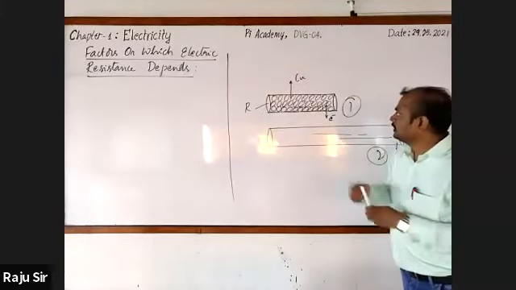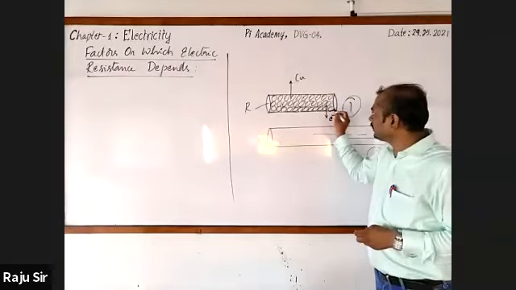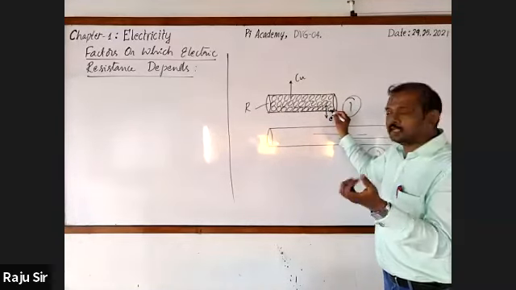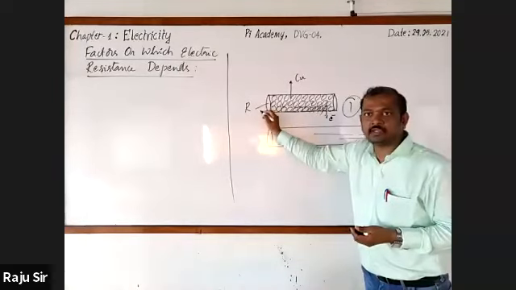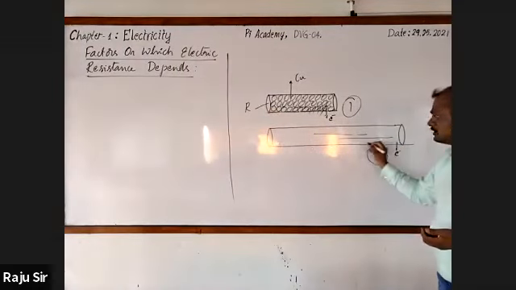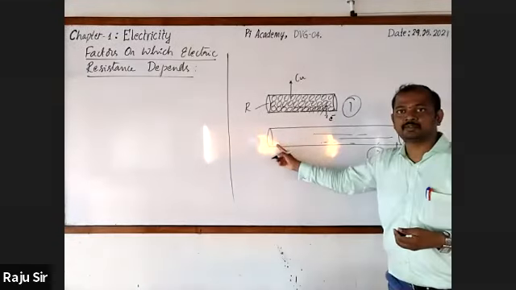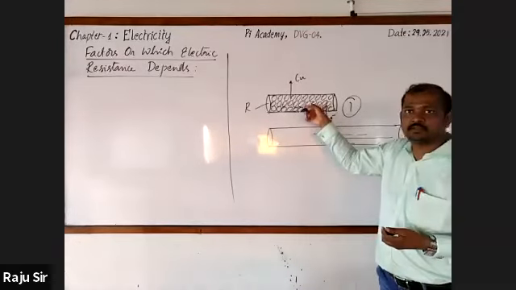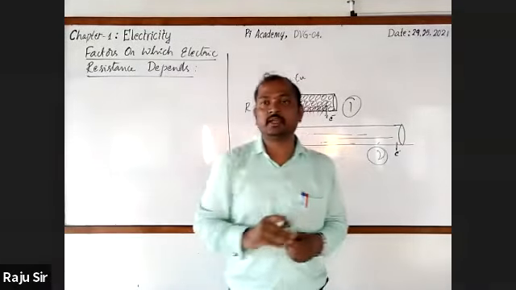So one electron is moving from here to here. It will experience opposition from the first, second, third, fourth atom, like this, just 10 atoms only. Whereas in this case, opposition is offered from a greater number of atoms. Hence, electric resistance will be more here than this. As the length of the conductor increases, electric resistance also increases.